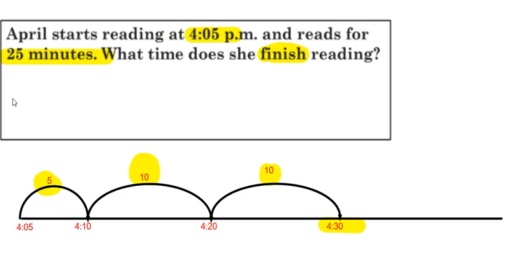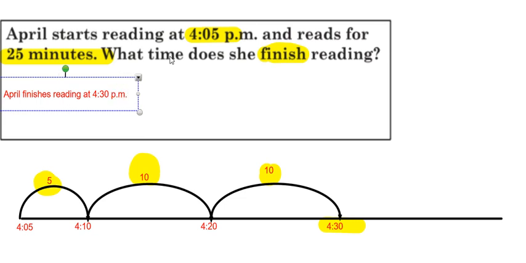I'm going to go ahead and write it here. April finishes reading at 4:30. And because it says PM, we can go ahead and write PM. Because in this case, we know it. Okay? That's it. We're done with that exercise.